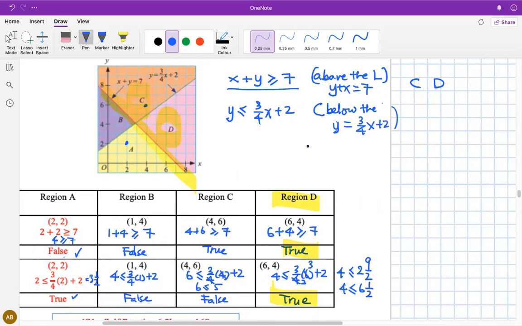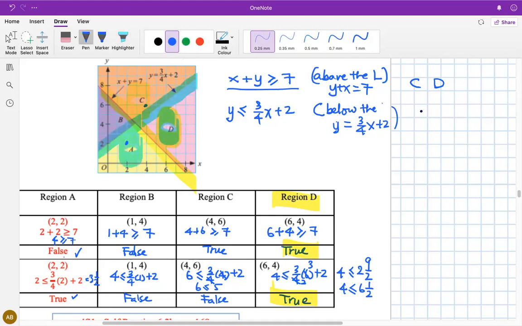So what are the alphabets below the straight line y equals 3 over 4x plus 2? So we highlight it first as blue. This is the line. So below there are two, A or D.